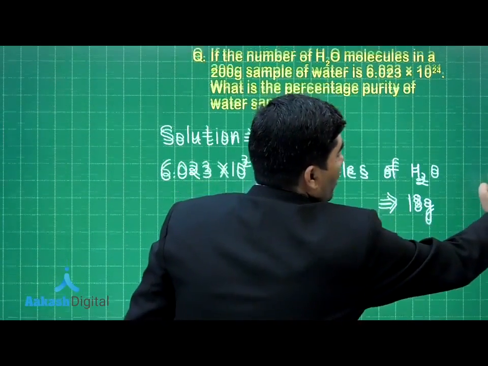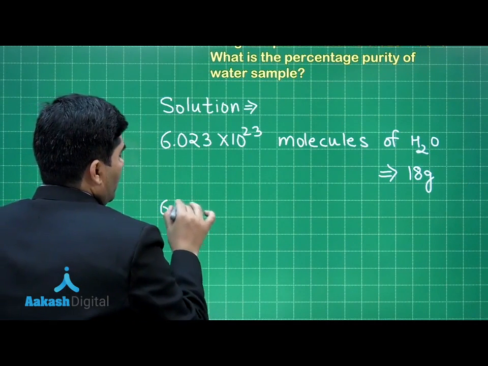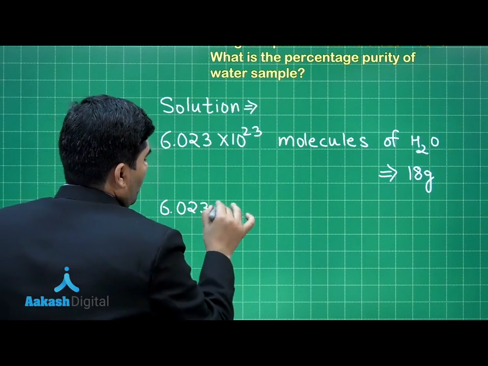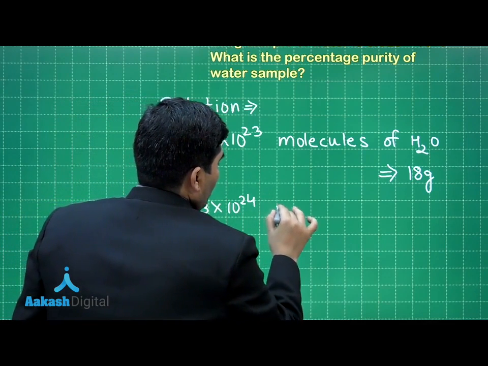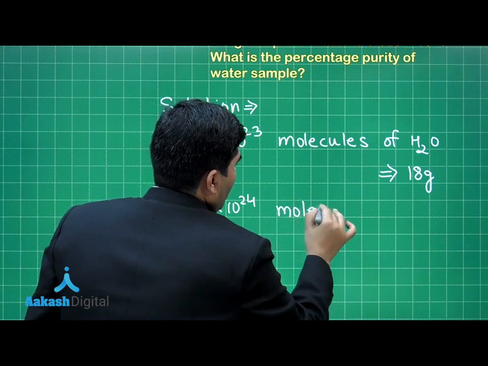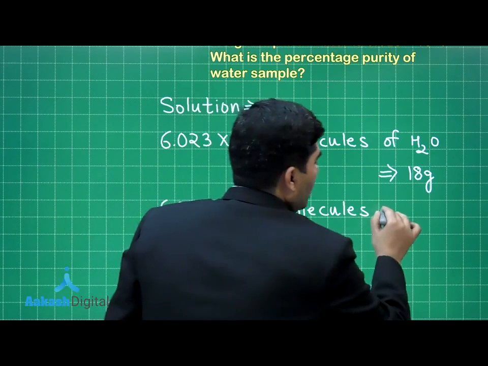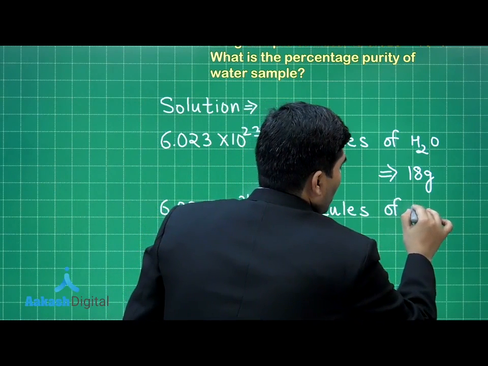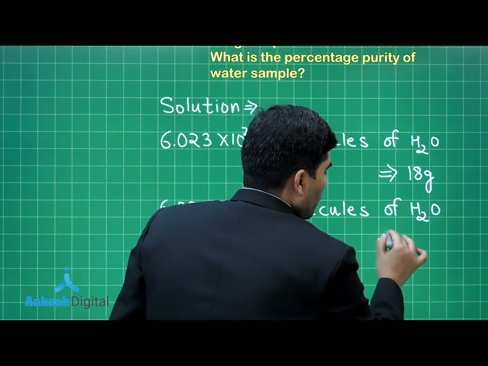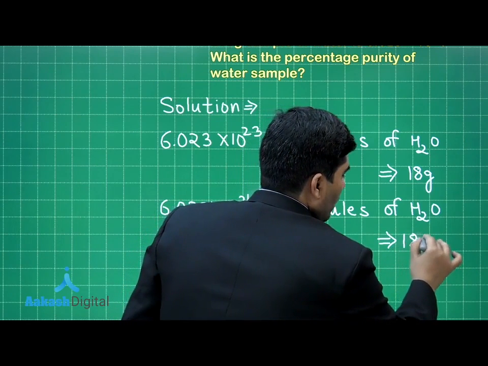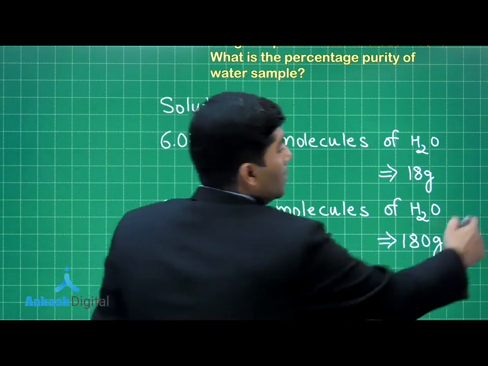So, the weight of those molecules, that is 6.023 into 10 to the 24 molecules of the water, will be equal to 180 gram.